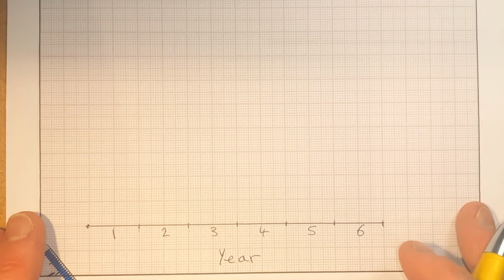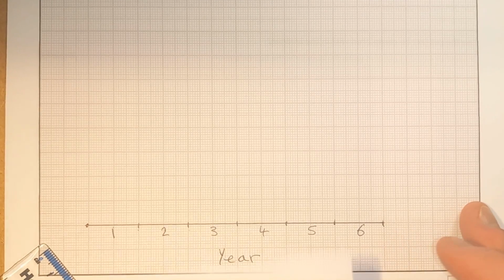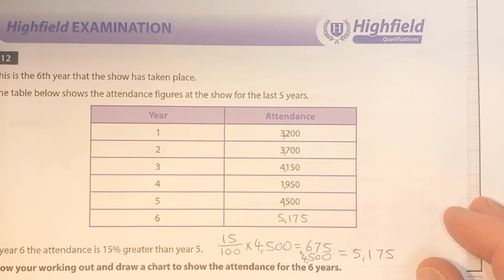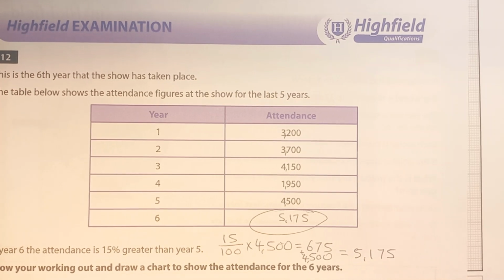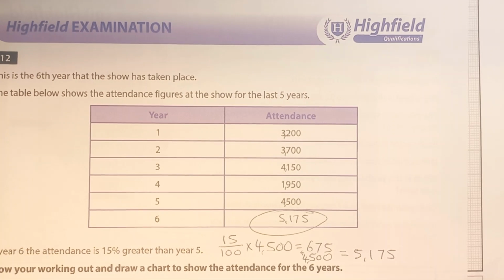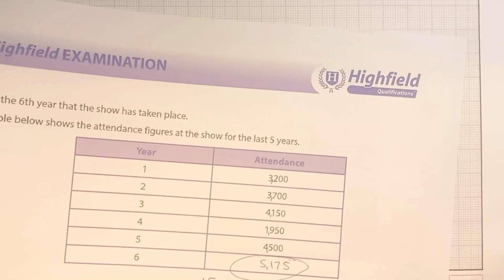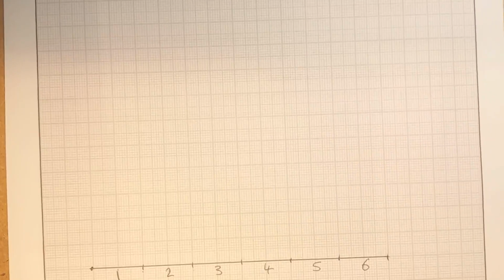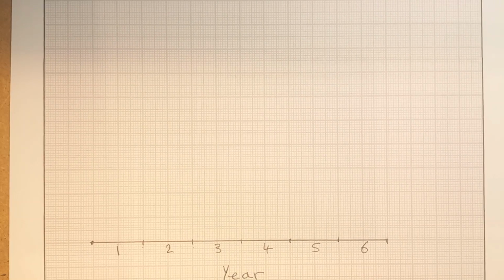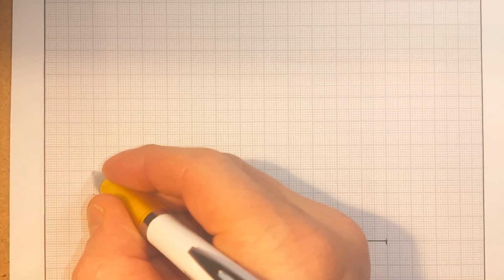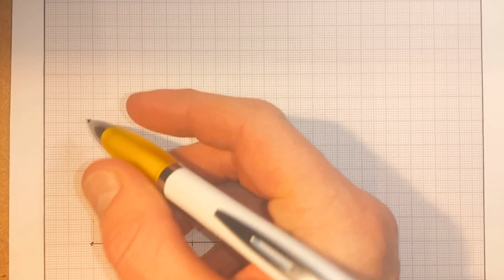And then we had our attendance figures. Well, let's have a look back at those. So the figure we're most interested in is the biggest figure, which is this one. So we want to make sure that when we draw on the graph, we go up to at least 5,175. Now we've got quite a lot of graph paper here, so we've got to think about how much we use. So again, we don't want to just say, I'll make 1,000, 2,000, 3,000, 4,000, 5,000, because it'd be quite small. We've got all this paper up here.